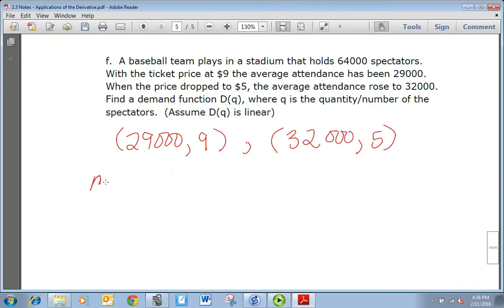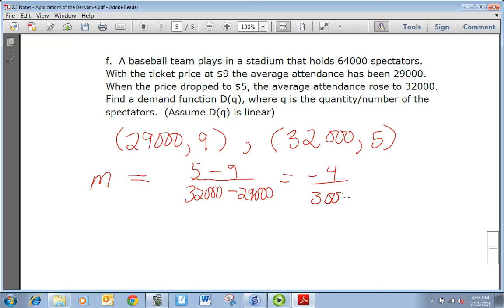So we find M. M is going to be 5 minus 9 over 32,000 minus 29,000. Well, that's equal to -4 over 3,000, which reduces to -1 over 750.